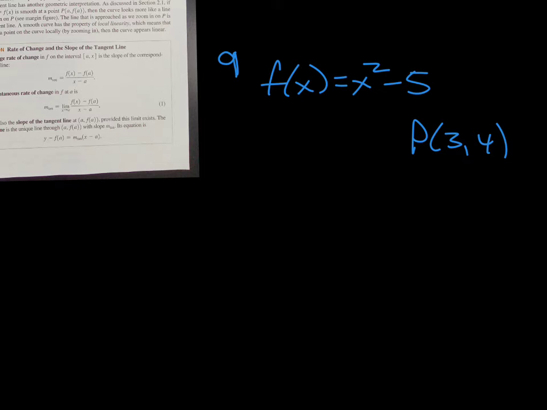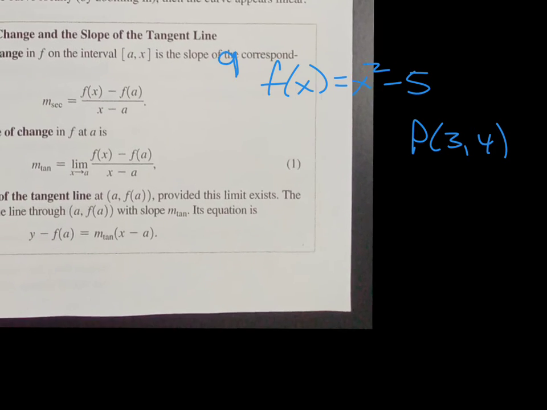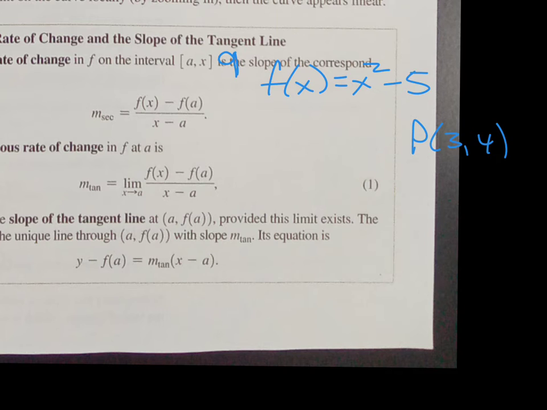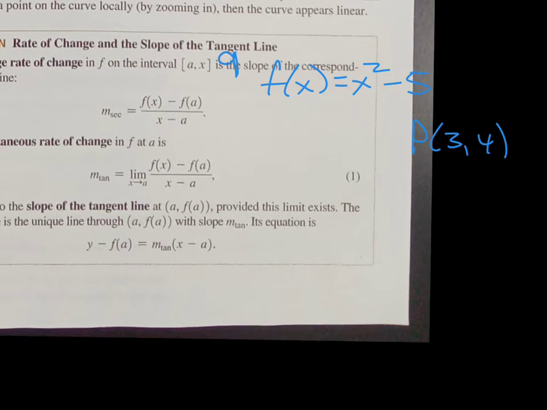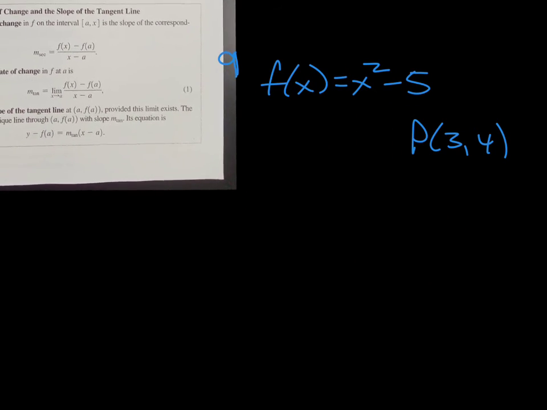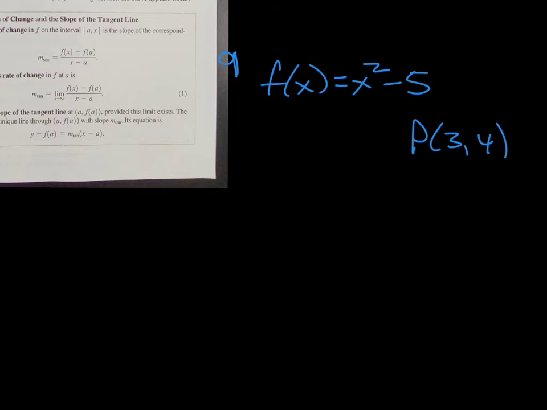So we are being asked again to find the instantaneous rate of change at this point. That's part A. We're using this limit formula from section 1, because we want the instantaneous rate of change. Let's fill some of this in.